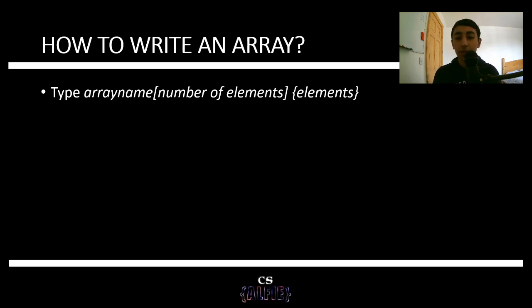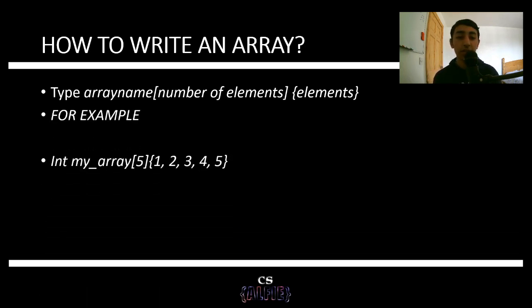So for example, it could be 5 or 3, and then in curly brackets we write what the elements actually are. So for example, it could be int for integer, my array as the array name, 5 as the number of elements, and 1, 2, 3, 4, 5 as the elements.